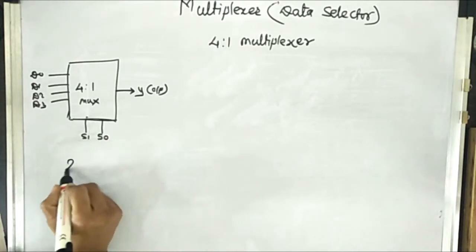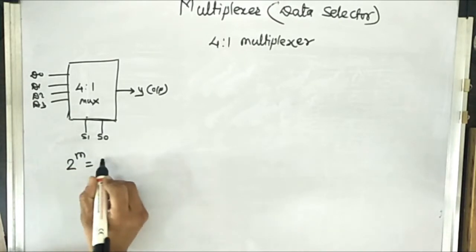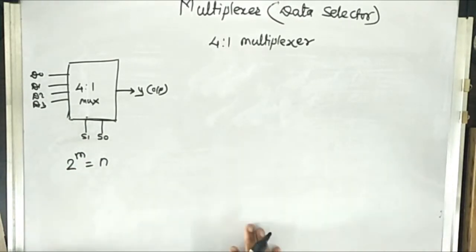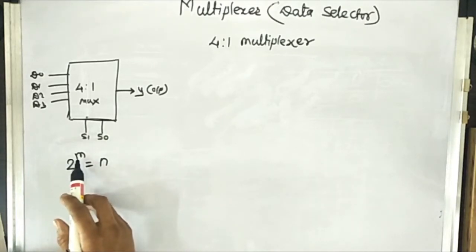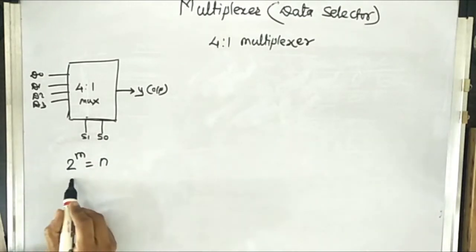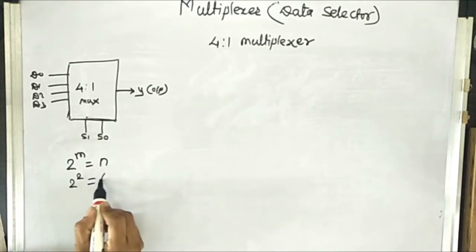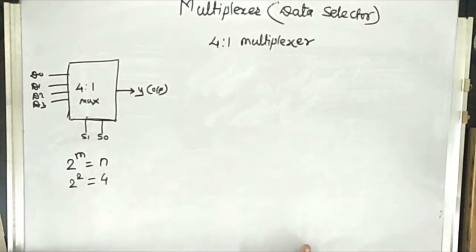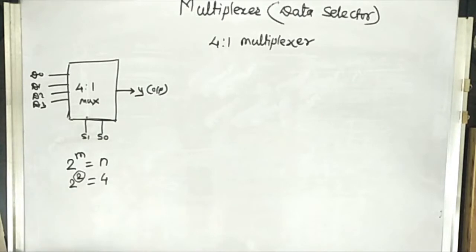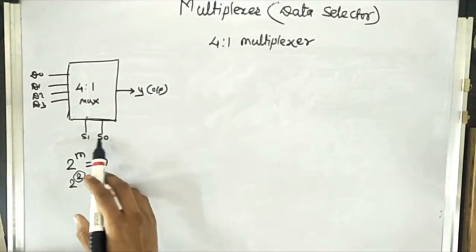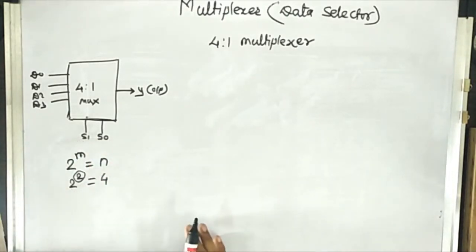We know the formula 2 raised to m equals n, where n is the number of inputs and m is the number of select lines. So 2 raised to 2 equals 4. To select one input out of 4 given inputs, we require 2 select lines, so we have S0 and S1.